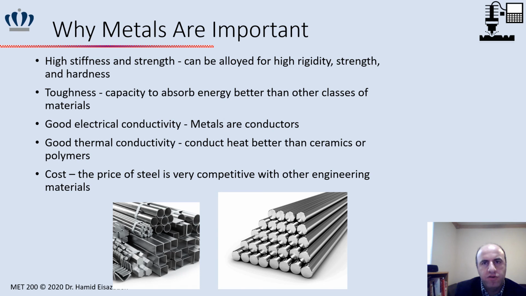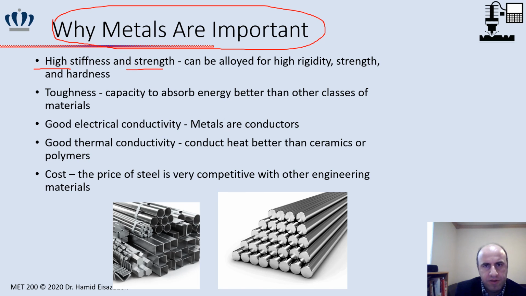Why are metals important in the manufacturing processes? There are unique properties that are associated with metallic bonding. Some examples are high stiffness and strength, and they can be alloyed, so to provide high rigidity and higher strength and hardness.